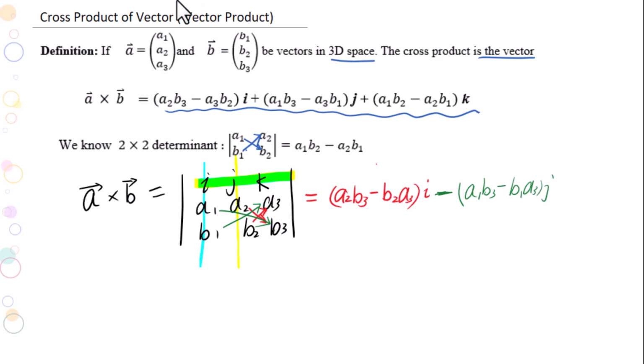Then we cross out the third column, still the first row.